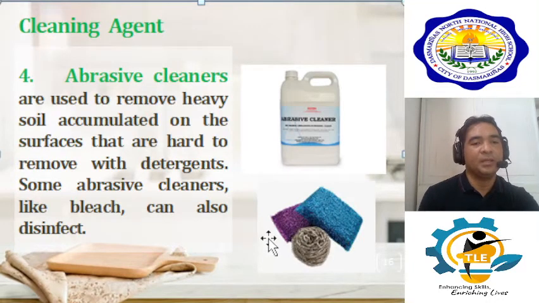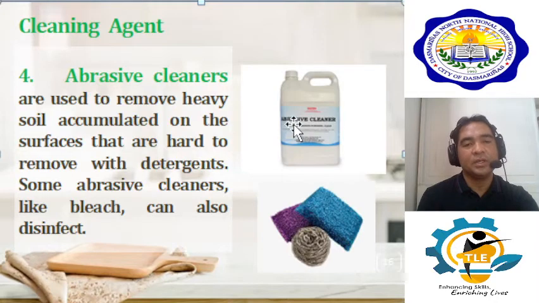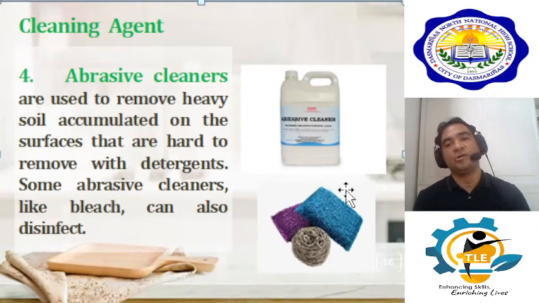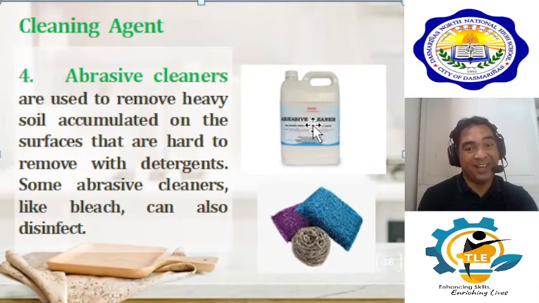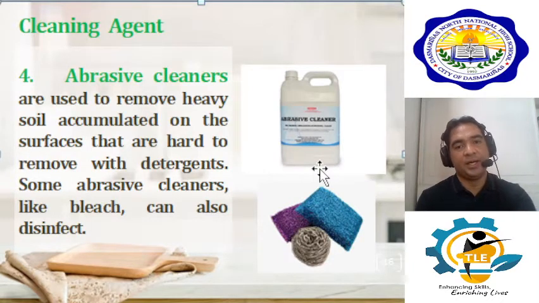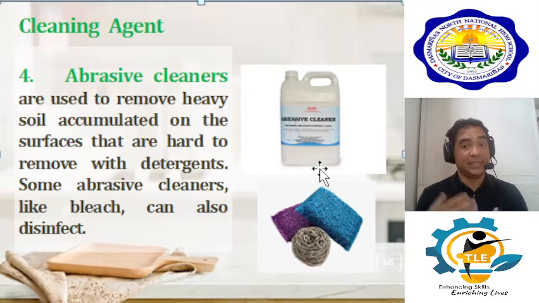Like bleach. The good thing about bleach, when you use Clorox or Zonrox, is that you can also use them to disinfect. Especially right now, we are having this pandemic all around us, so we can use this to disinfect our surroundings.